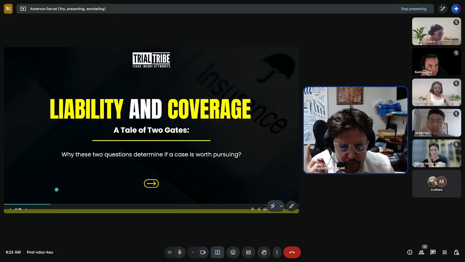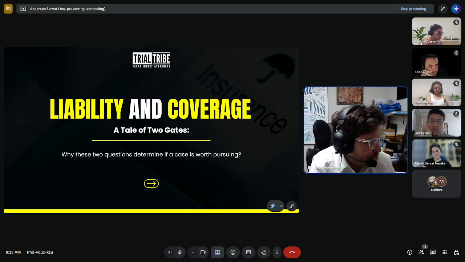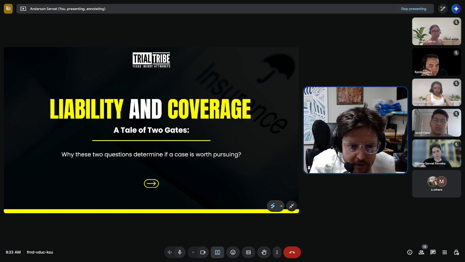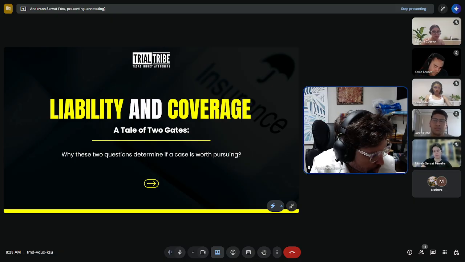Two things that we need to pay a lot of attention to are these two gates: liability and coverage. That's why I say all the time, send an email to the adjuster requesting if liability is accepted, because they may deny for normally three reasons: it was not at fault, or the driver was excluded, or there's no cooperation.